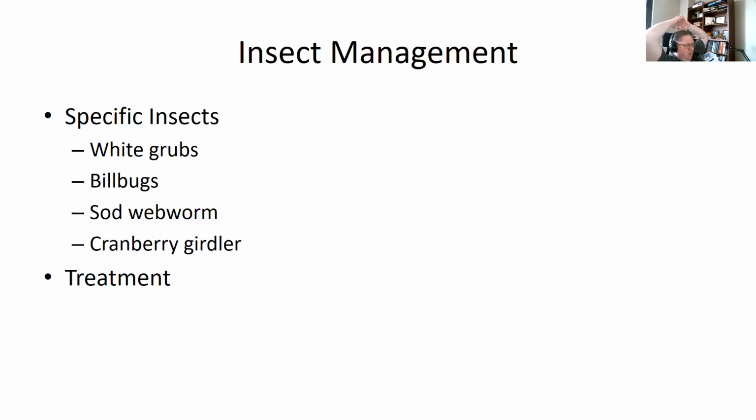Oftentimes, and it's not every time, the lawns with the worst problems are usually mowed short and way over fertilized. If your neighbors have things going on, sometimes you can get problems from there, but in general, if your lawn is well maintained, it's much more resistant to a lot of these things.